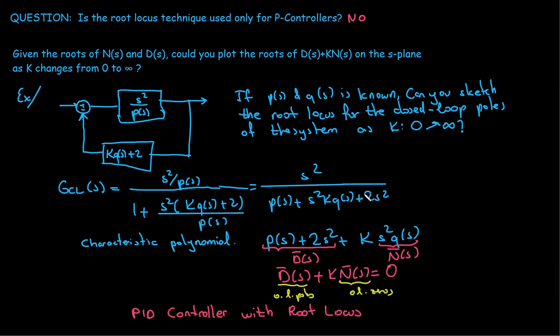That denominator corresponds to the denominator of the closed loop transfer function of our original system. So what you are plotting is the roots of this equation, which is given by the denominator of the closed loop transfer function, so you are plotting your closed loop poles for this system.